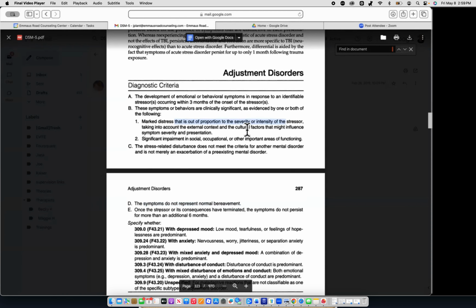And so with this client, it's looking at the symptoms and being able to really weave through the behaviors and symptoms to help understand what disorder this client meets the criteria for.